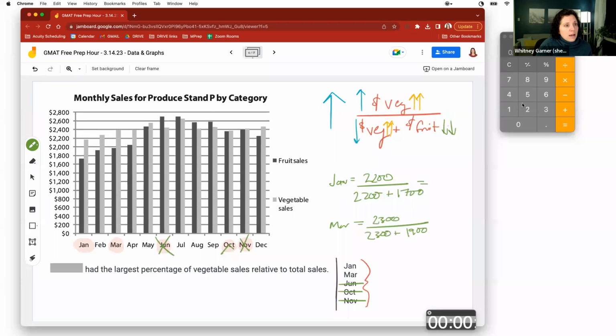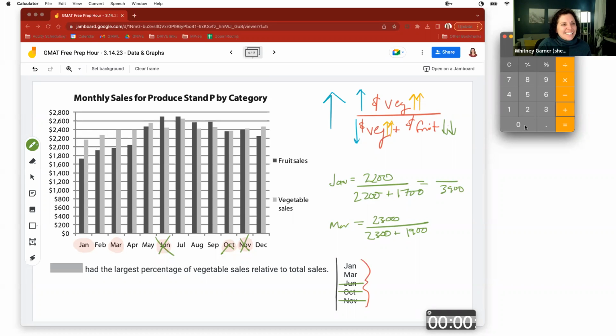So 2,200 plus 1,700 is 3,900 total in sales. 2,300, I hate the online calculator, it's the worst, 2,300 plus 1,900 is 4,200 in sales.